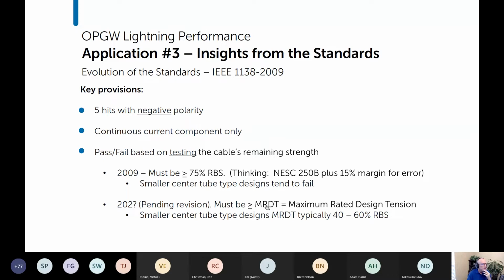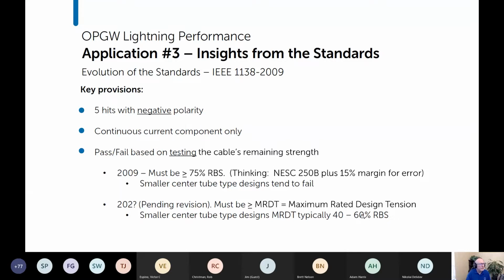MRDT. So that's the maximum tension that the cable is supposed to experience during any of its ice or wind loading conditions. So for smaller center tube designs, their MRDT typically is in the range of 40 to 60% rated breaking strength. Might be a little bit lower for some cables.